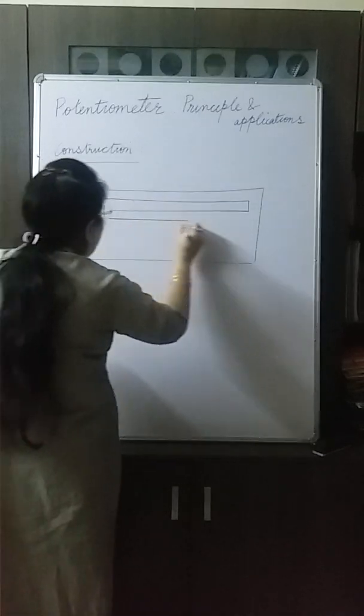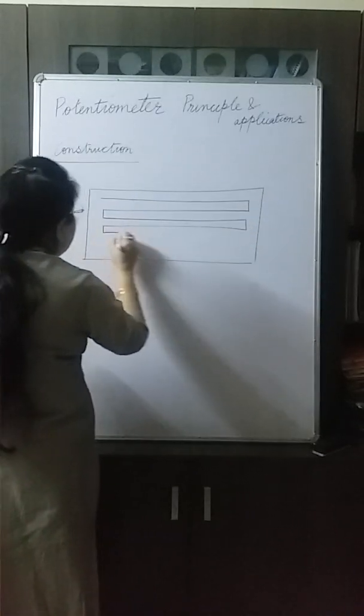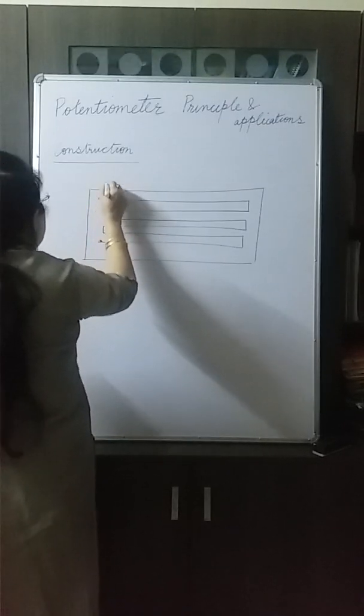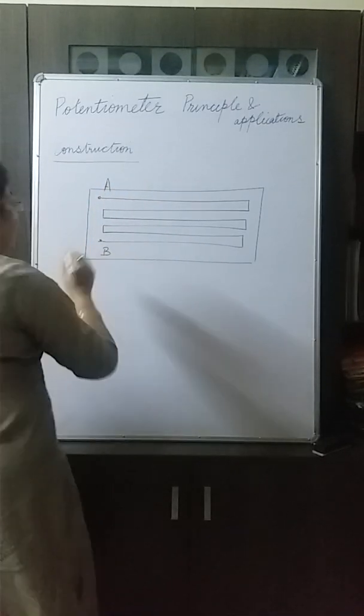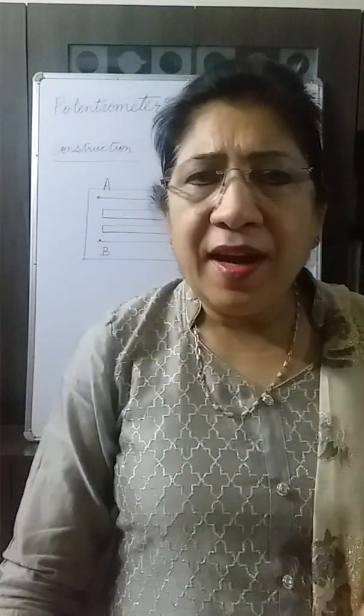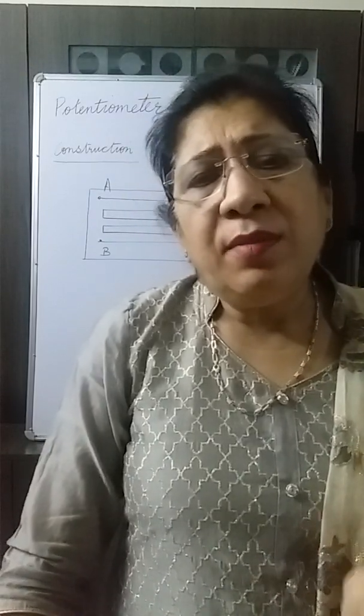It is connected as parallel sections of wire. Each section is of 1 meter length. Let this wire be AB. These are 1 meter long parallel sections of wire connected on a wooden board.